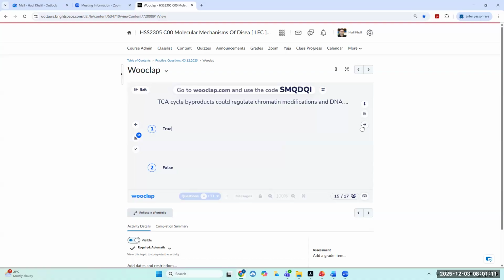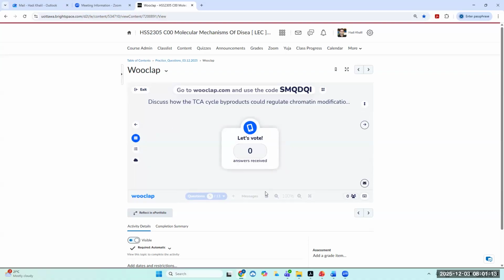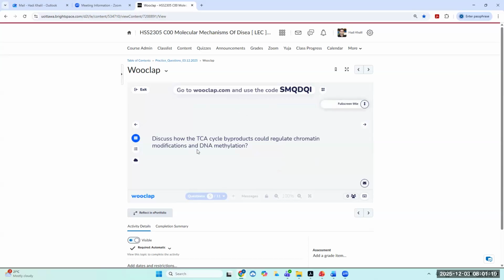If it will be more difficult, like this one here, discuss how the TCA cycle byproduct could regulate chromatin modification and DNA methylation. This means you have to write your own sentences, a couple of sentences, to say, out of the products of the TCA cycle, let's say you give an example out of these three.